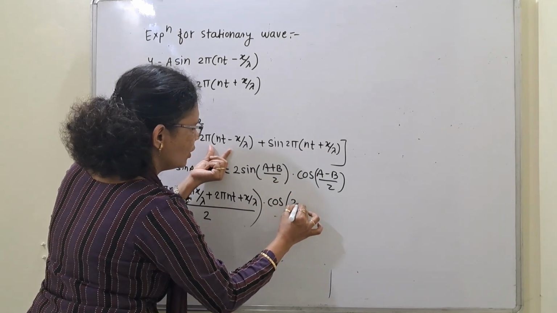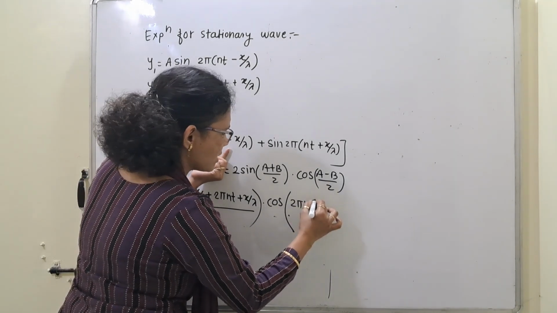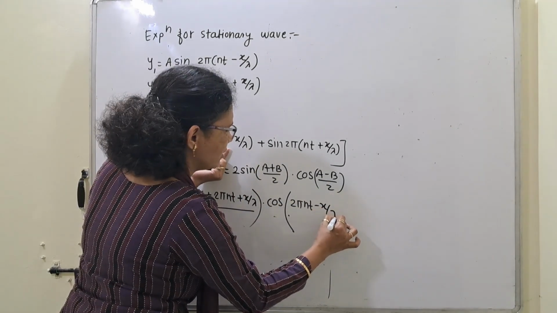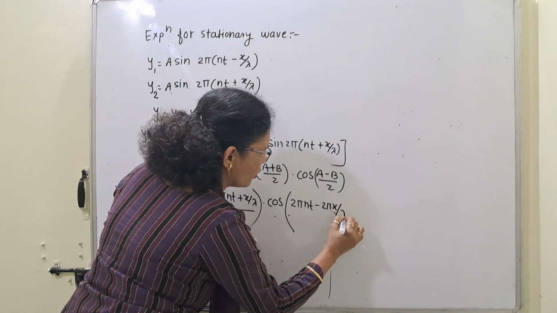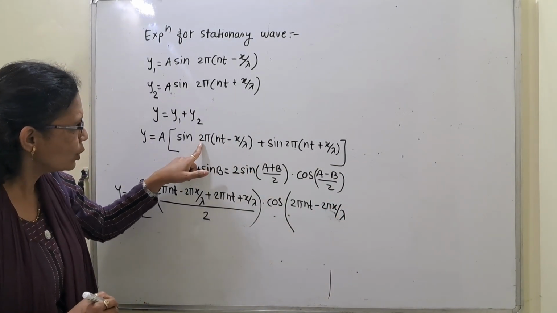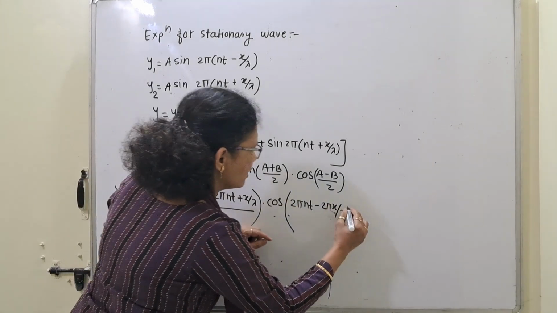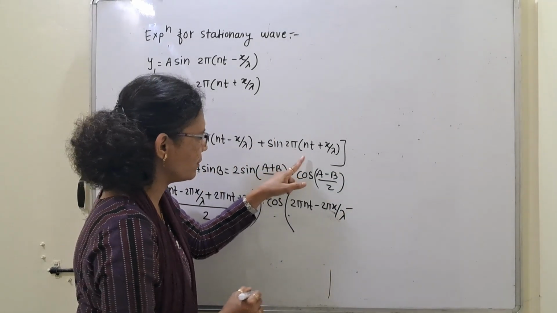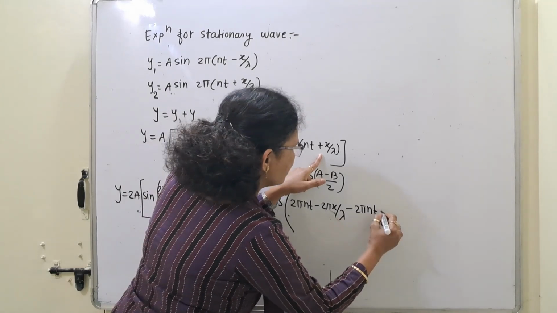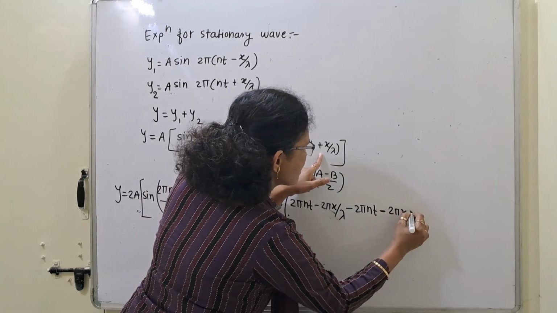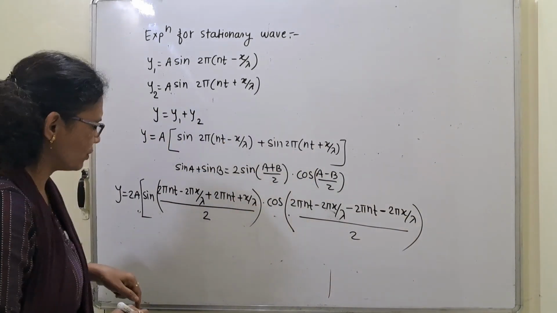What will become? See, 2 pi n t minus 2 pi x upon lambda. Then minus: this term will become minus, that is 2 pi n t plus, minus 2 pi x upon lambda again, divided by 2. So, what will happen?